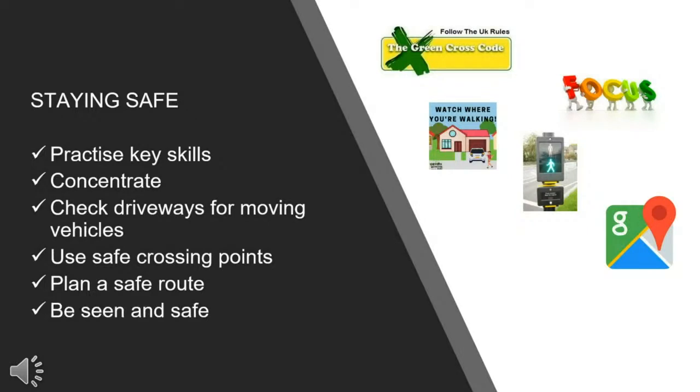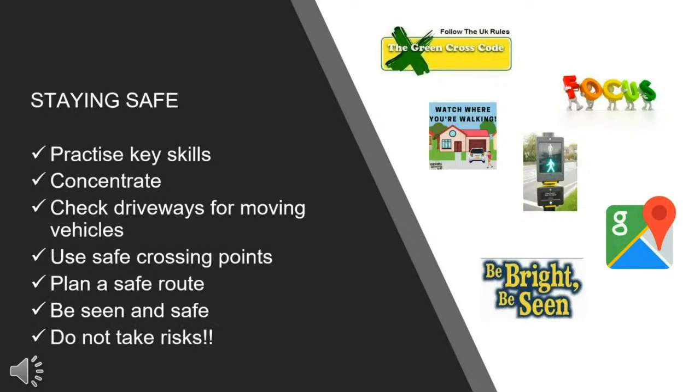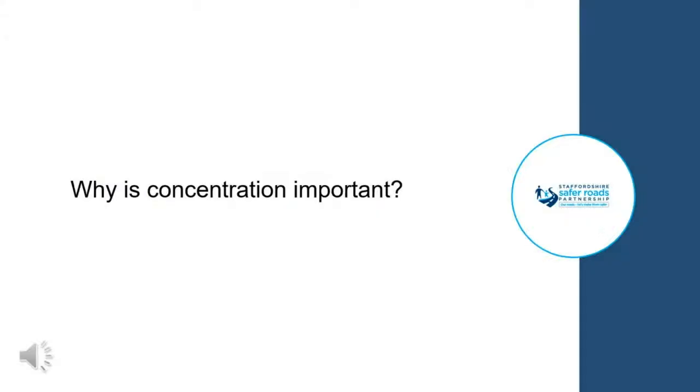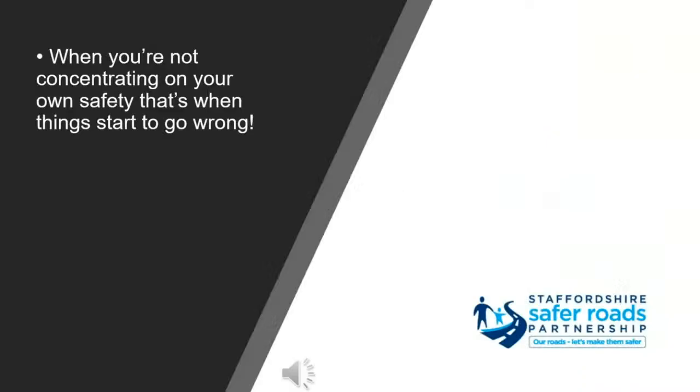And if you're out in the dark hours, remember to be bright and to be seen. Lastly, don't take risks. It's just not worth it. So why do we need to concentrate? If you don't concentrate, things just may start to go wrong.